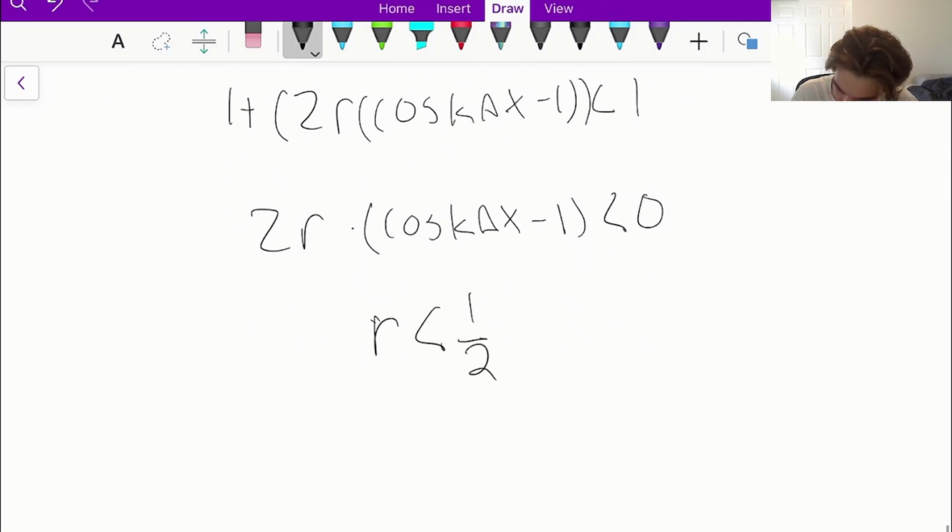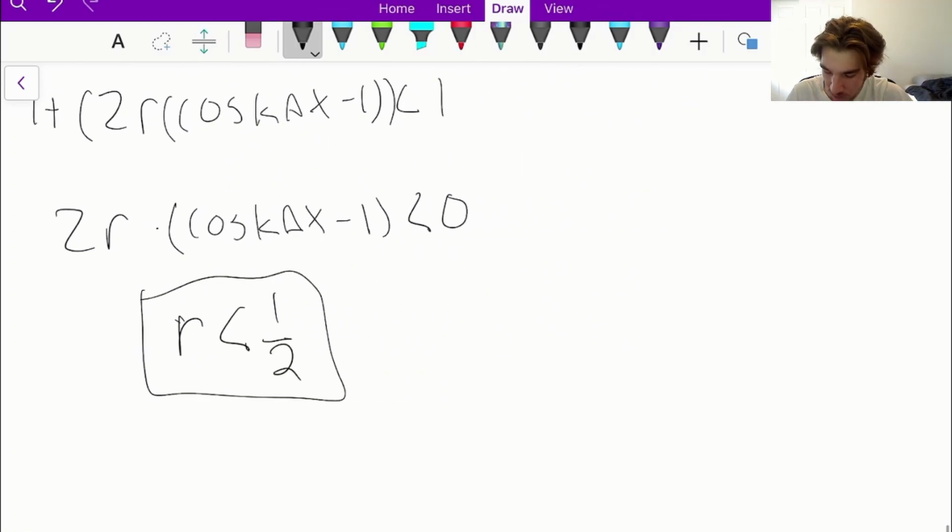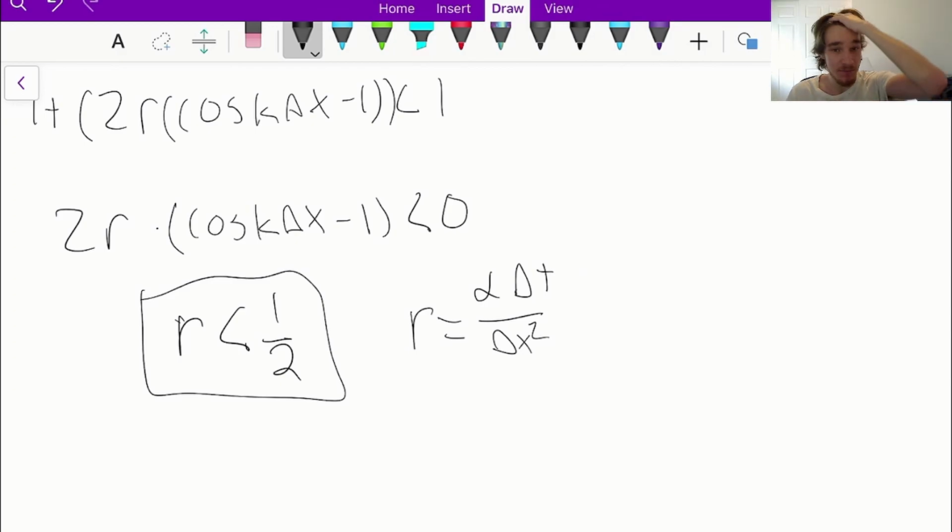be less than 1/2. So for our r value, which if we remember correctly, we get alpha delta t over delta x squared. This value right here, with the thermal diffusivity, we cannot have it be greater than 1/2, as we saw in the code just a little bit ago.